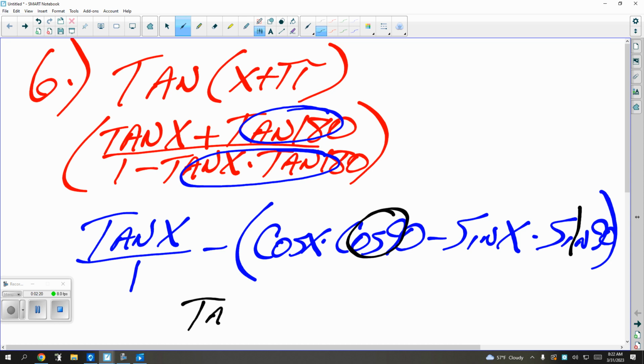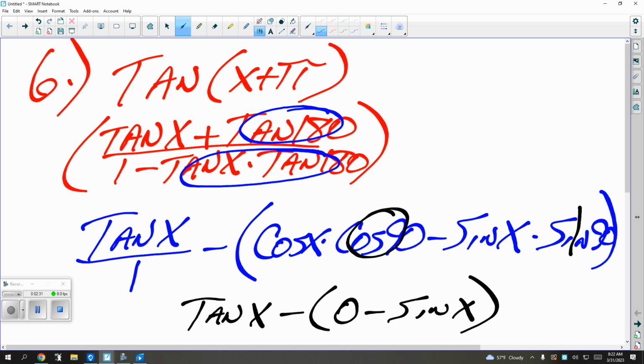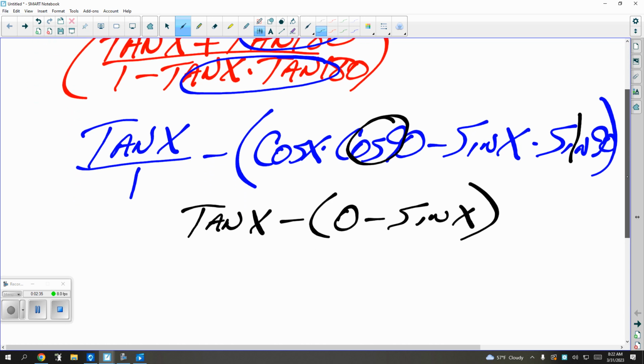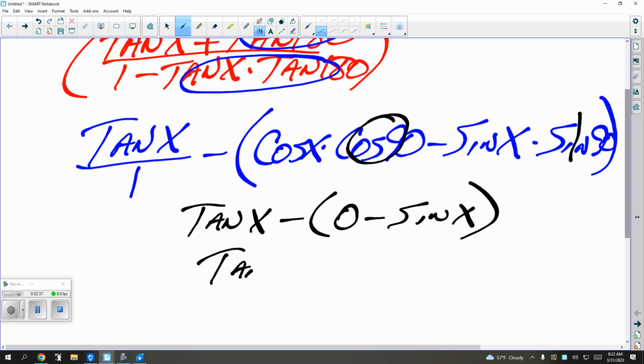Tangent x minus, and then it's going to be 0 minus sine x, like that. So that's really tangent x plus sine x, and now I can finally put the 0 over there.